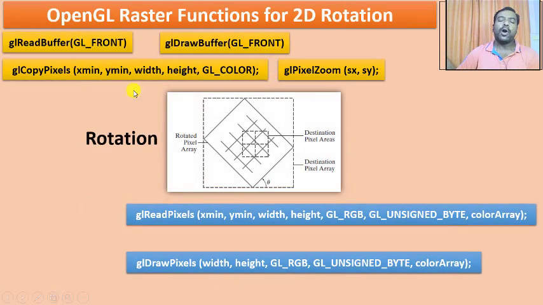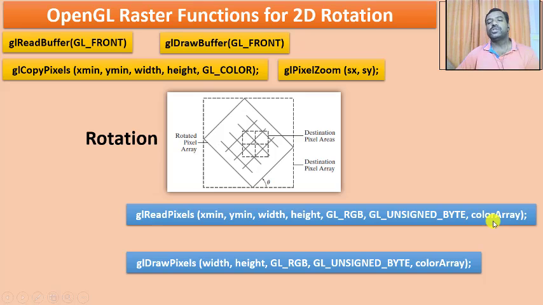And now if I am going to talk about rotation, I am going to say glReadPixels. So create the area where the rotation should happen, and what type we are going to give, unsigned byte, and I am going to say color array. I am going to copy this entire information into the color array.